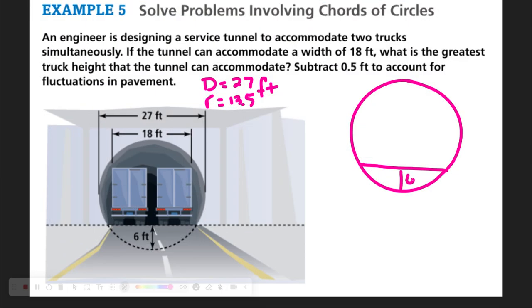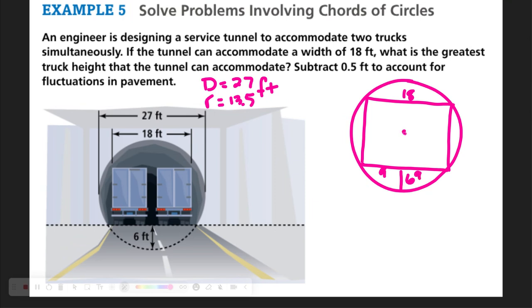This is 6. Essentially we have a rectangular window that our trucks can pass through, okay? Because the trucks are rectangles. And this is 18, which makes this 9 and 9. There's that bisector theorem into play, okay?